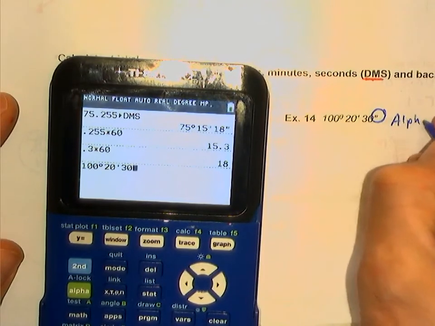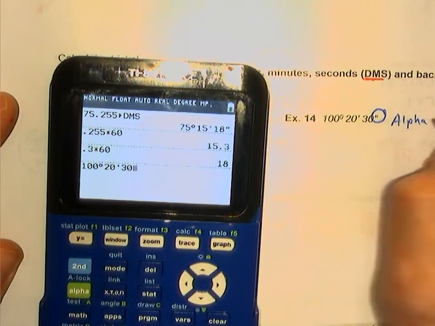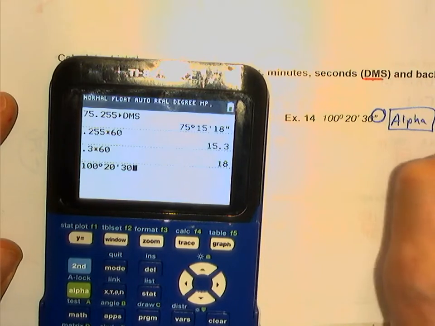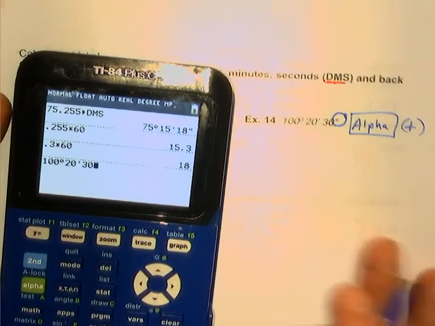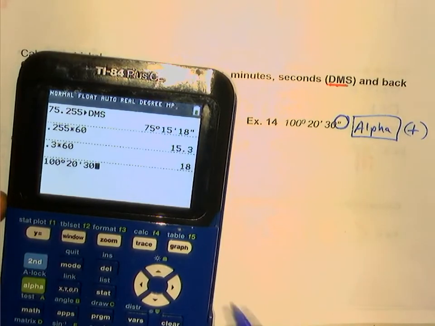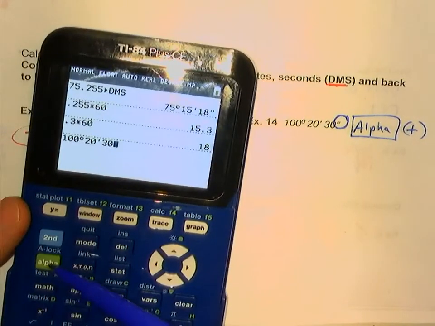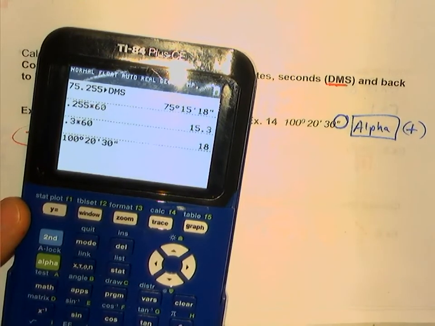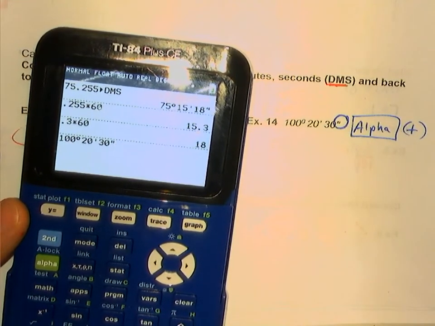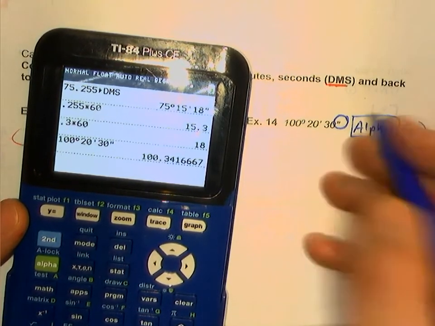So what you have to do is press alpha plus. Alpha plus will give you the double tick mark. Alpha is the green button for me. Alpha is underneath second, and then the plus, and you see the double tick mark pop up. You guys see that? Why is it there? Jim had no idea, but that's what we got.